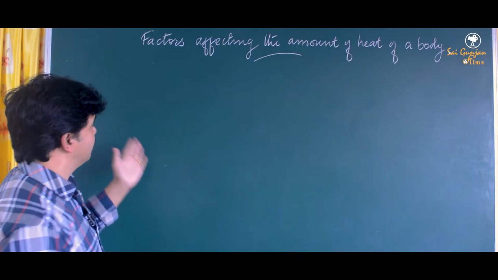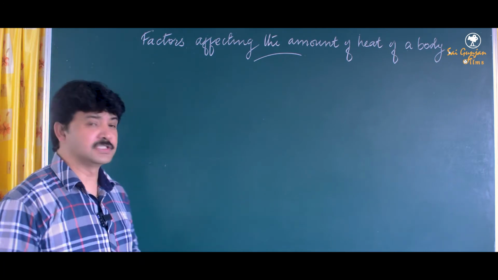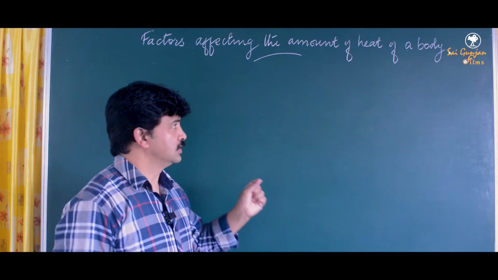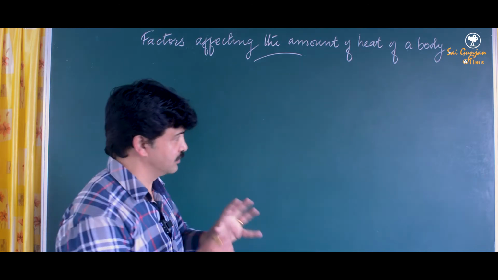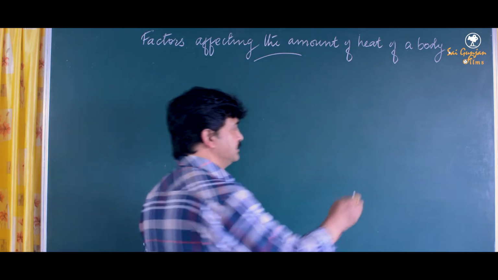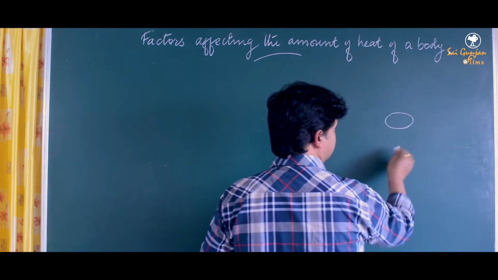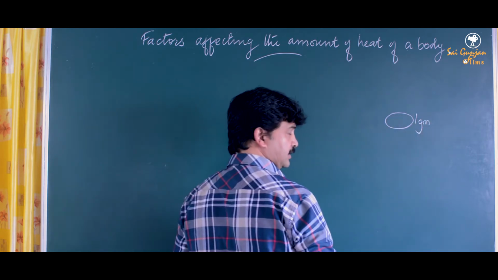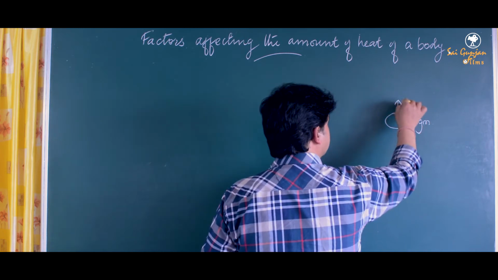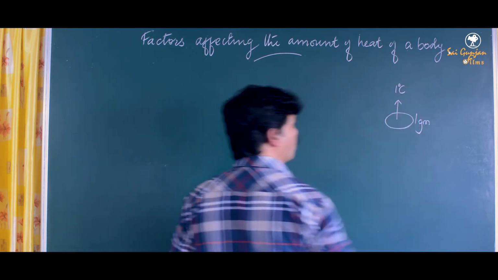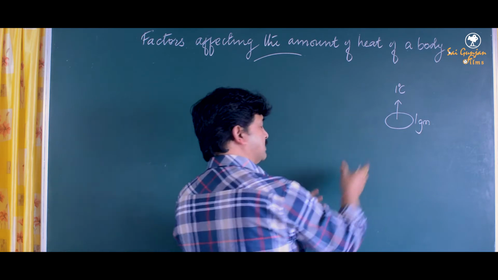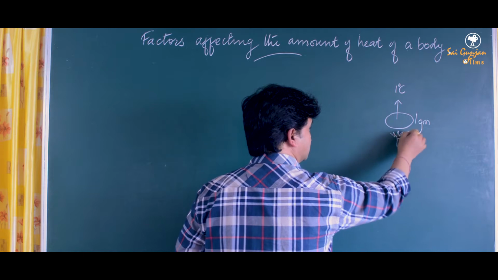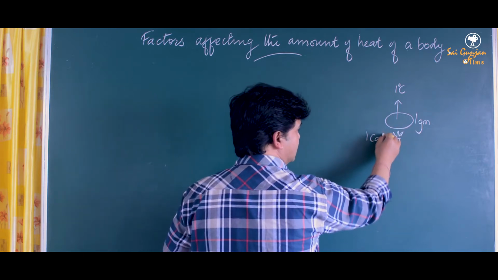Next topic is factors affecting the amount of heat of a body. Let me take you back to the topic on calorie. From the definition of calorie, if we take 1 gram of water, to raise its temperature by 1 degree Celsius you need to supply some amount of heat, and that amount of heat required here is 1 calorie.